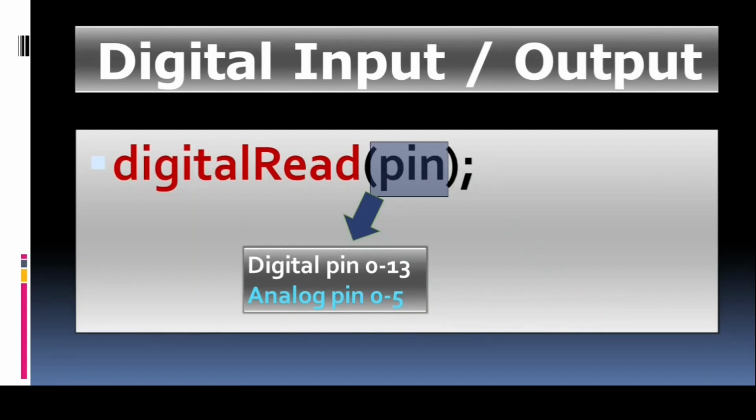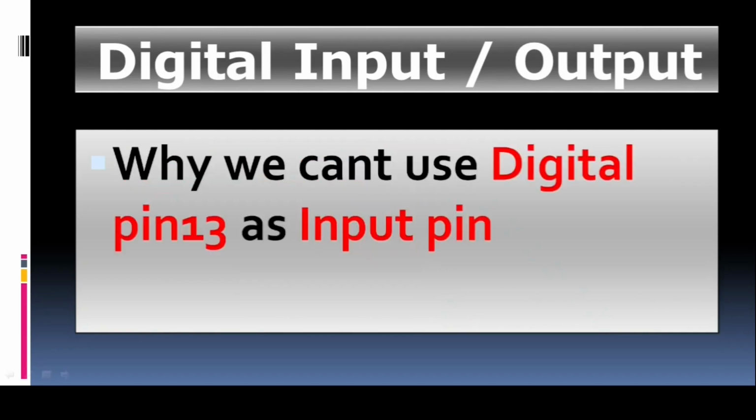As you can see on your screen, this is the digital read syntax. Here for the pin number we use pins 0 to 13, and analog pins use 0 to 5. Here we can't use the D13 pin as an input pin in Arduino because an LED is connected to this pin.